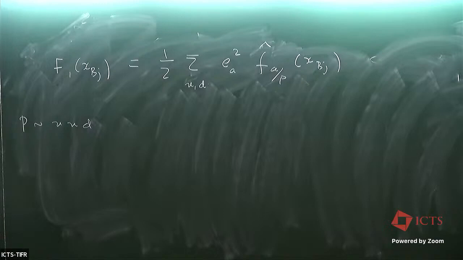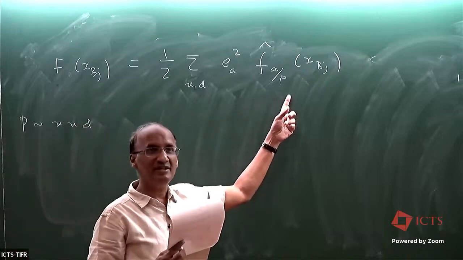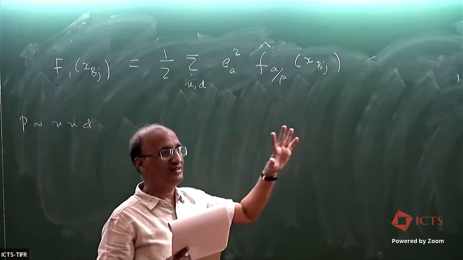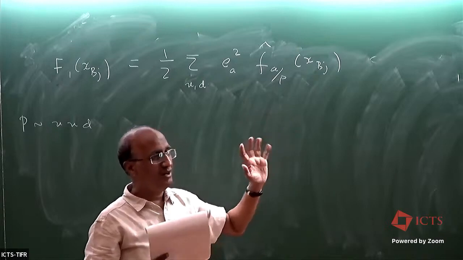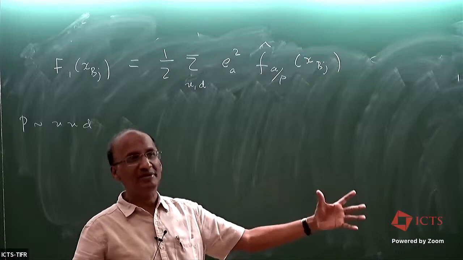So the structure function that we wrote down, containing the ignorance of the proton at very high energies, now has a beautiful interpretation. W1 or F1 are not just some unknown complicated looking hypergeometric functions.